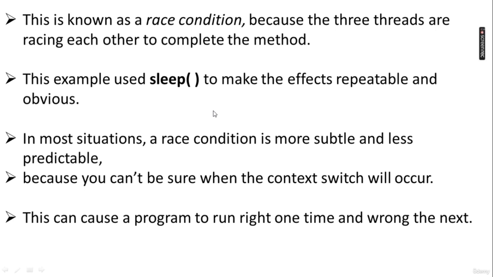So race condition is very famous, a very general condition, and it is less predictable. You cannot say anything about this race condition, and you cannot say whether the expected output is occurring or not. This can cause a program to run right one time and wrong the next.